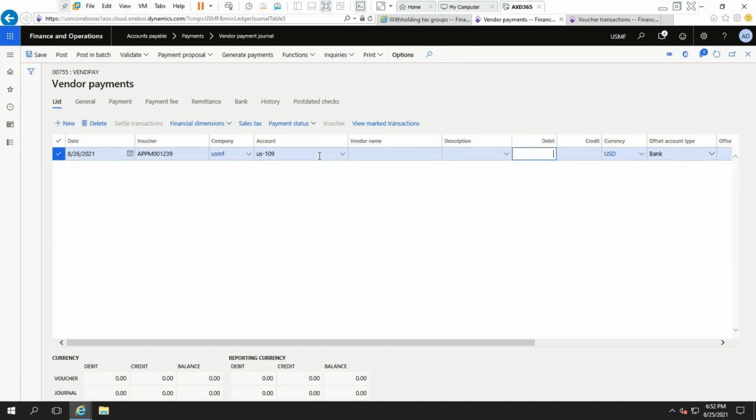Okay. Now, if you go to the settled transactions, the invoice should be shown as 200.